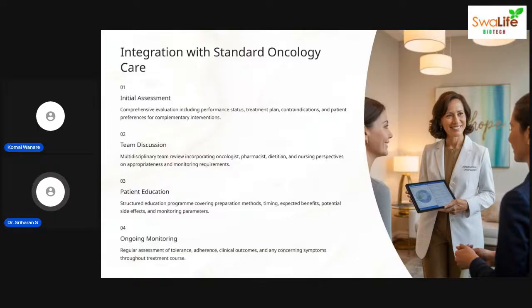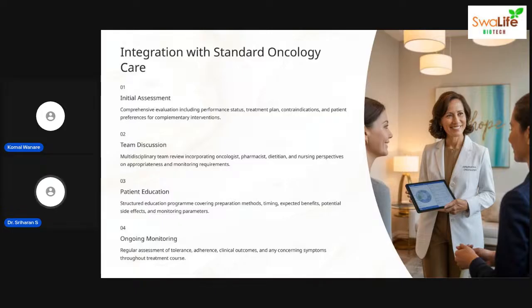Based upon the score, we select the performance status of the patient and put together the treatment plan. What are the contraindications? Before that, gluten concentration is high in wheatgrass, so we want to consider the contraindication. Low gastric pH level should be avoided. So that is the initial assessment.